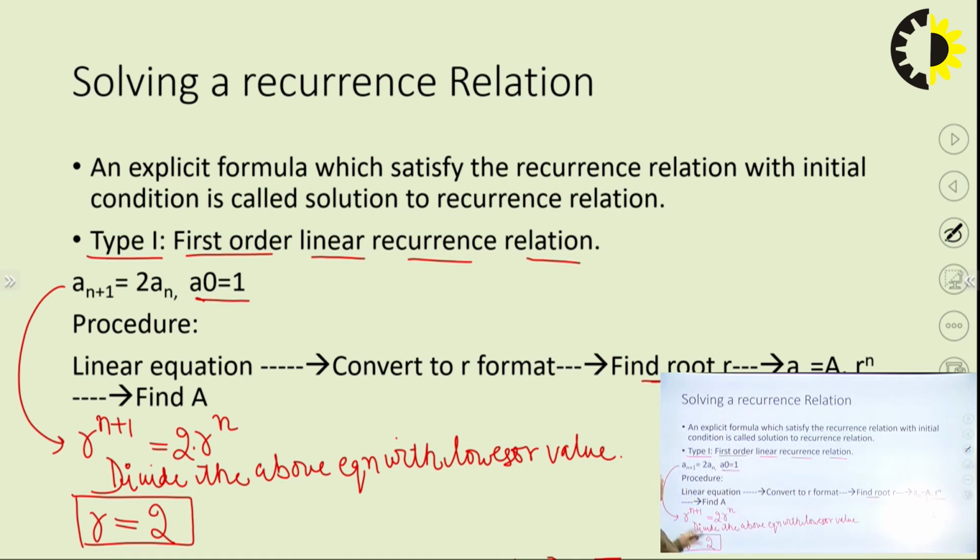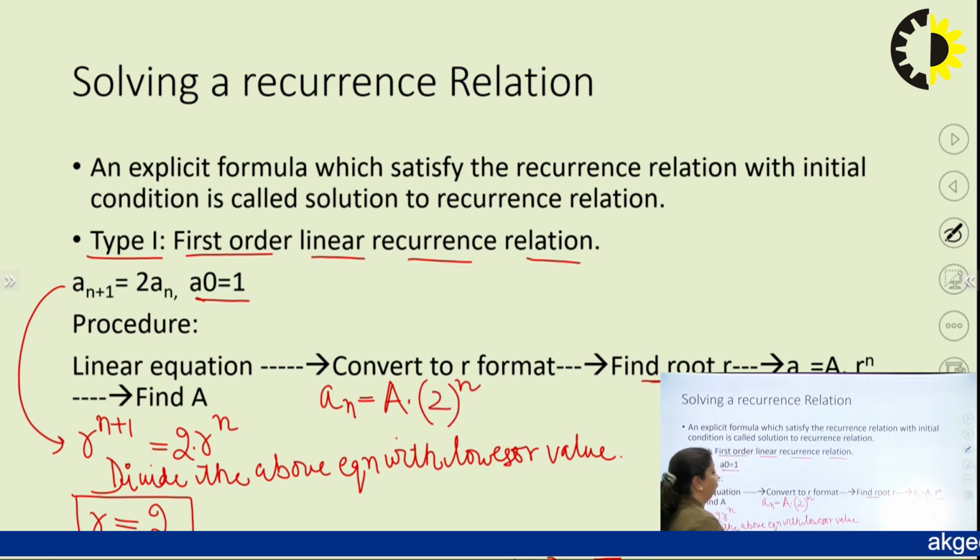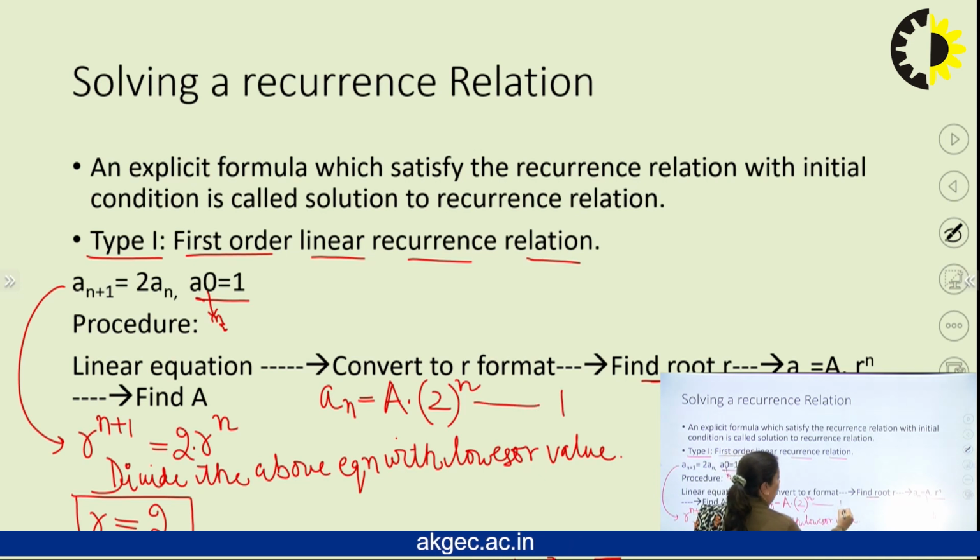Now, I know that since it is a first order linear recurrence relation, the general solution to this can be given by the equation a_n is equal to capital A, which is a constant, into R, R I have already found to be 2, to the power n. Now, I already know that a_0 is equal to 1. So, that means here the value of n is nothing but 0. So, I will substitute this value in this equation 1.